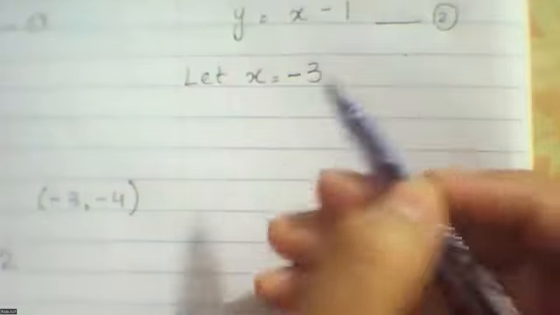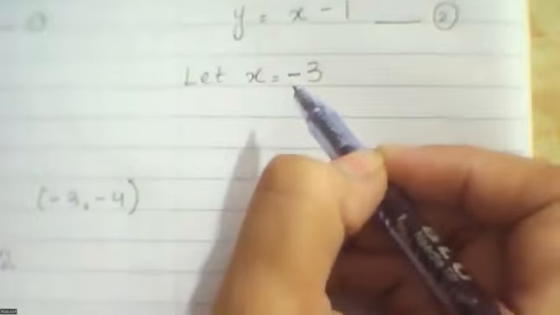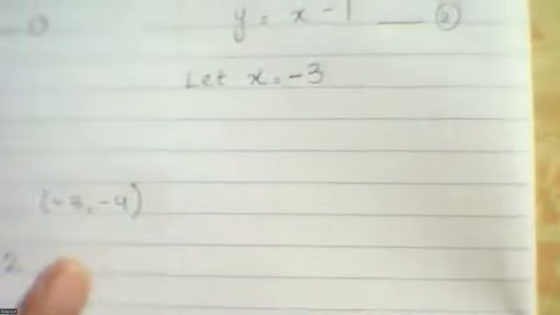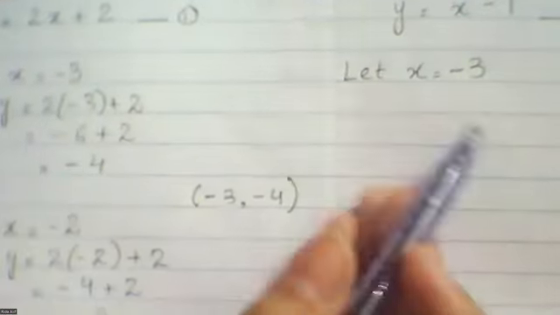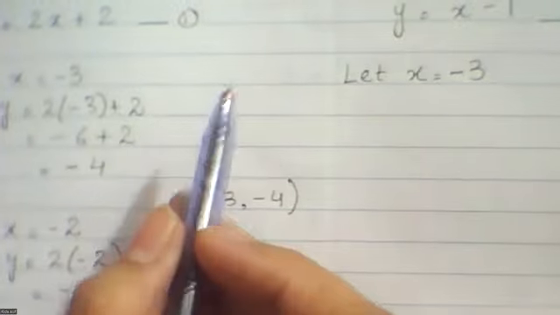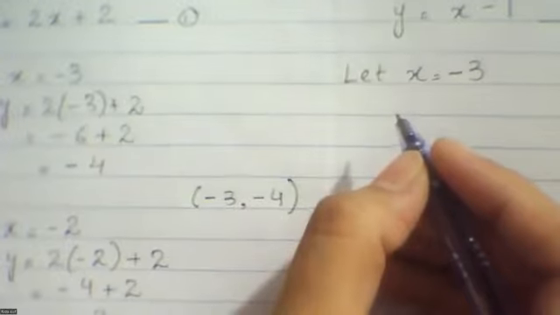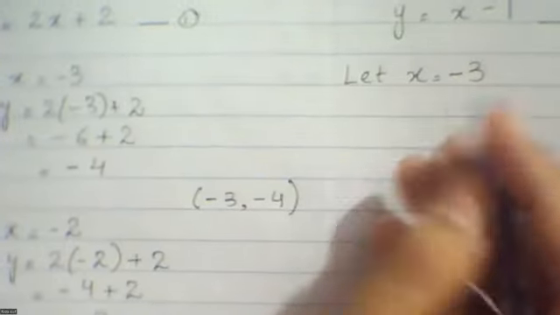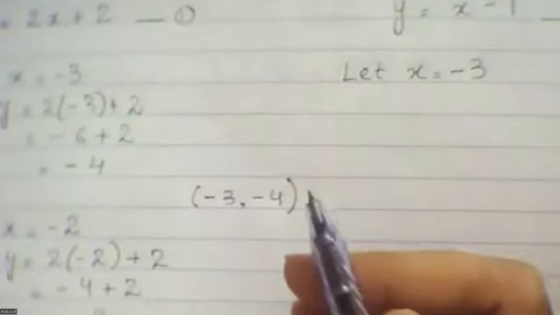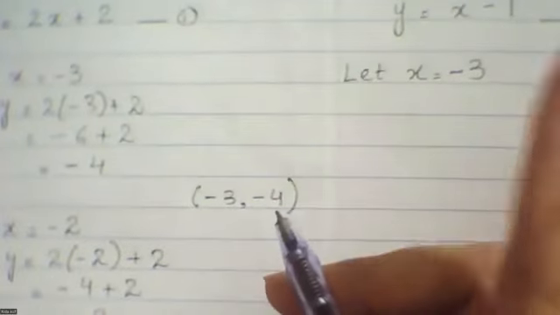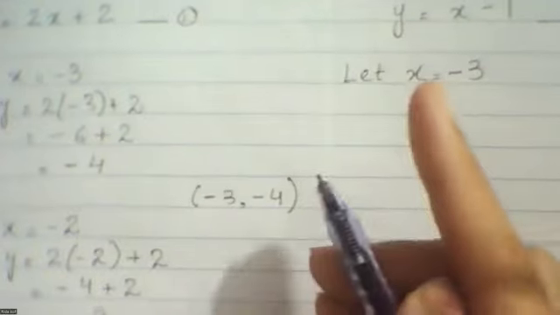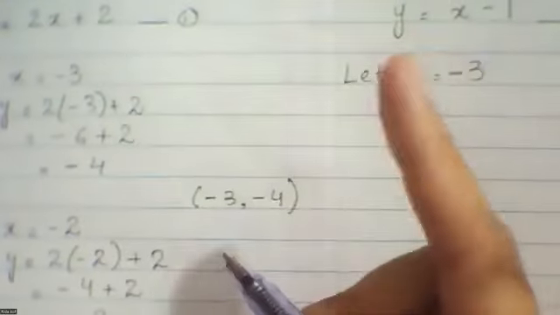What is the reason why I am taking the same values? Why am I considering the same value of x again? The reason is that we have to plot a graph, and on our graph, the point where these two graphs coincide gives you the solution set, right?